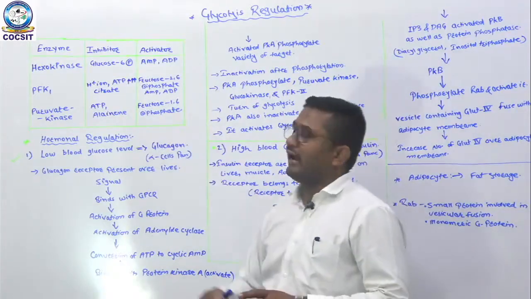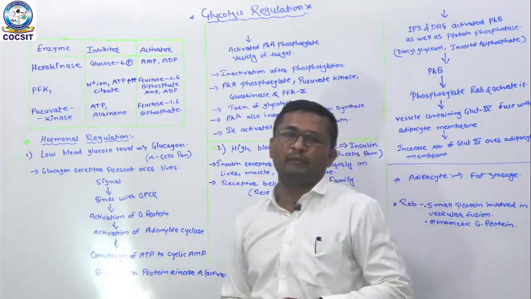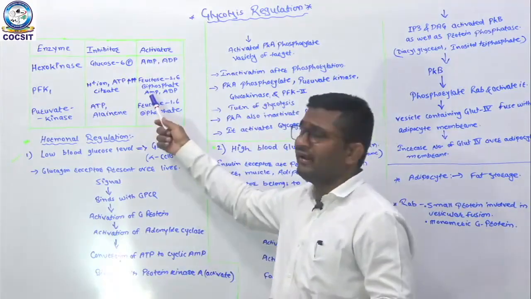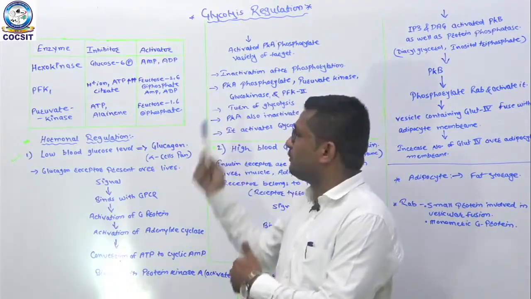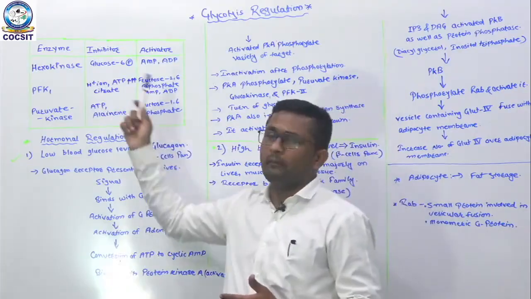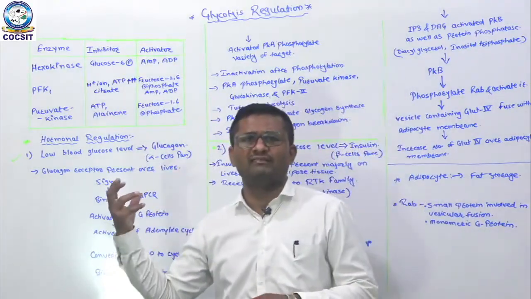Next, what are the activators? One activator we know is fructose 2,6 bisphosphate. Along with it, AMP and ADP are also activators of PFK1.